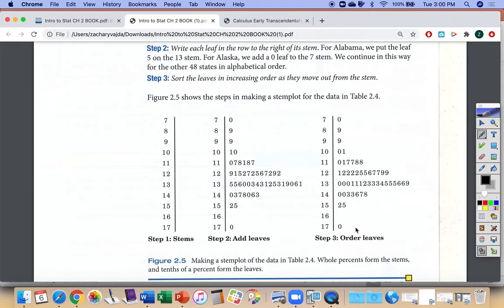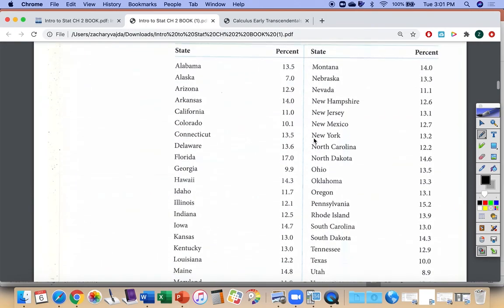Very symmetric here, from low to high to low. I also can see the lowest is 7, the highest is 17. The data spreads from 7 to 17. And I can see there's a lot of states that have 11 to 14% 65 and older. A stem and leaf plot is way better than looking at this giant table.